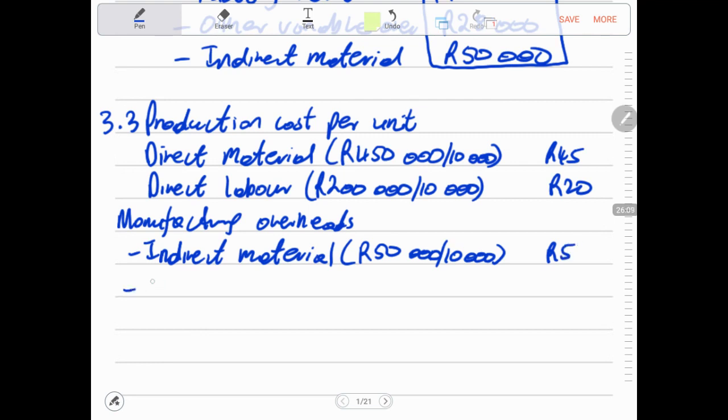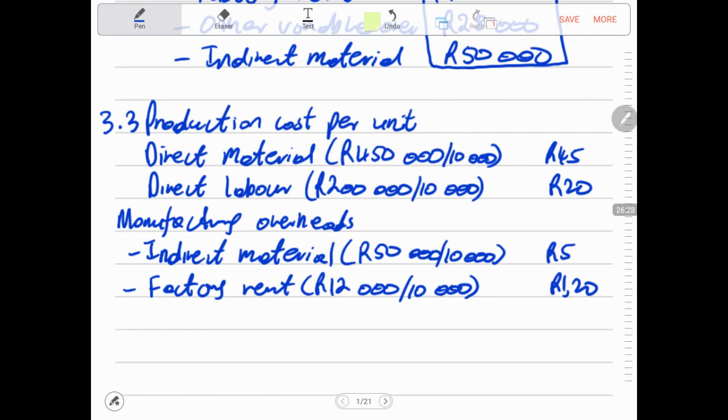Then we came to the factory rent, which we said is very likely to be fixed. Our factory rent was 12,000 rands. We divide the 12,000 rands by the number of units that were manufactured, with 120 cents is what we have calculated.